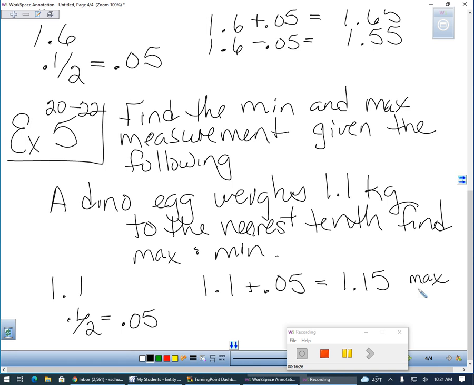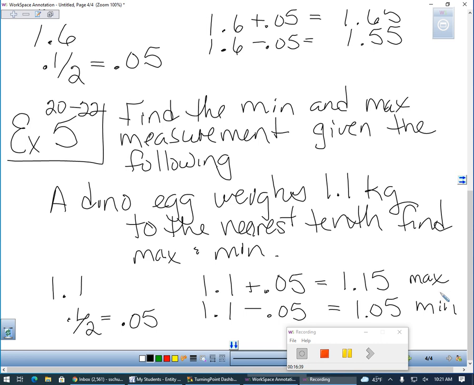And then what do I have to do? Yeah, so 1.1 minus 0.05. And I have 1.05 as my minimum. So every time, that weight they give you in 20, 21, and 22 should fall right in the middle of your max and min. Right? Okay, so whatever this last digit is sitting in, whatever placeholder that is, and in this case it's the tenth spot, right? We take 1/10 and divide by 2. So I get 0.05. Okay.